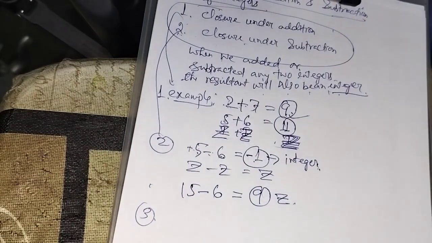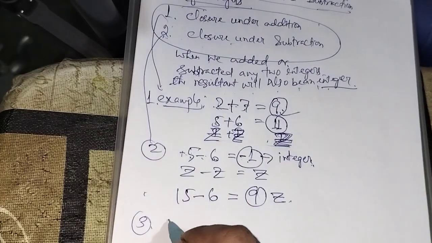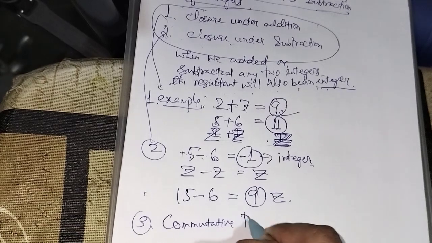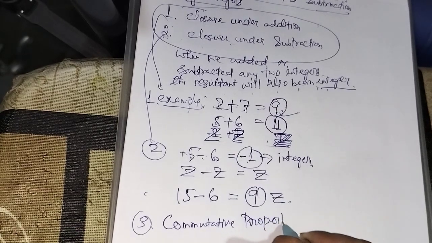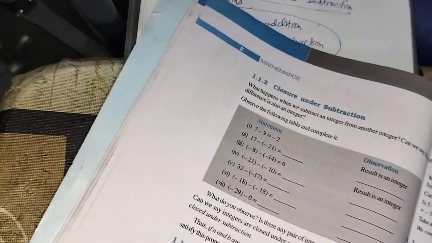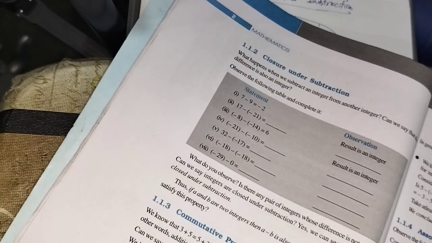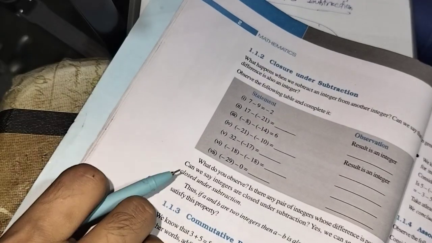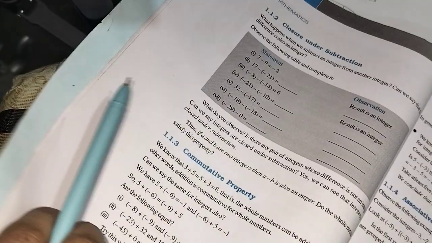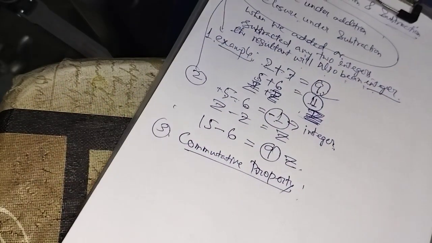Third property is what? Commutative property.